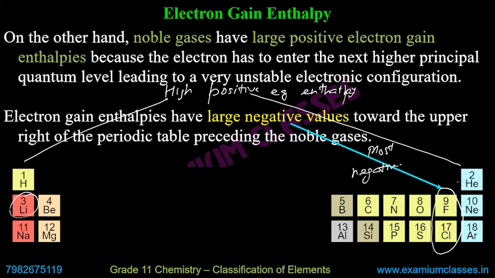It will gain noble gas configuration, helium configuration. Lithium has 1s2, 2s1, or you can say 2, 1 configuration. So if it loses this one, it will attain helium configuration. But if you want to get one electron into lithium, then there will be higher interelectronic repulsion. It will not be willing to gain one electron, so you will have to force the electron into it. So high positive electron gain enthalpy on the left side and in noble gases.